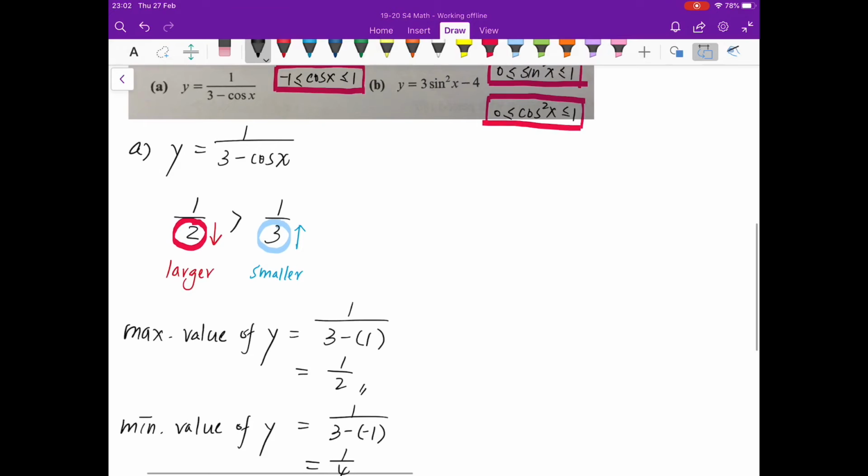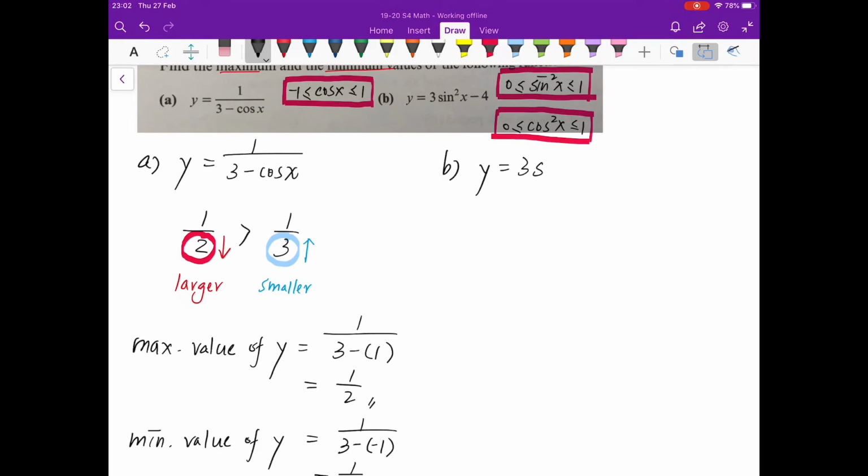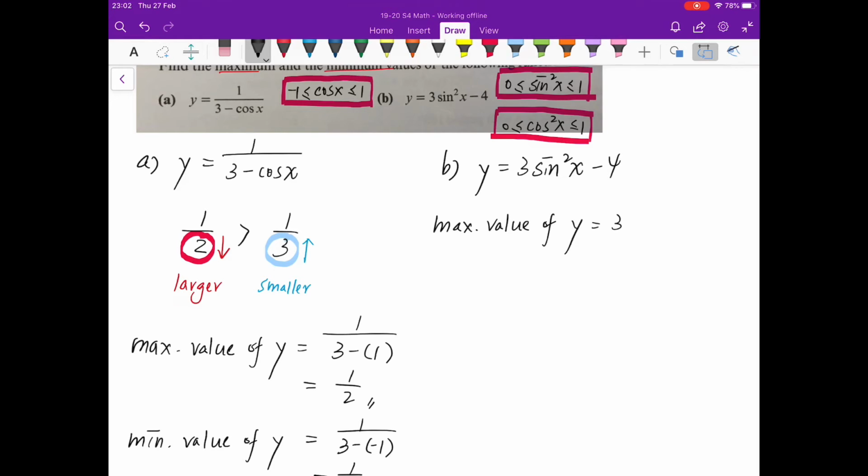Okay? And then for part B, the function is y equals 3 times sine square x minus 4. So when we want to find the maximum value of y, it is equal to 3 times something minus 4. And for sine square x, the maximum point should be 1. So we put 1. And therefore, the result is -1.